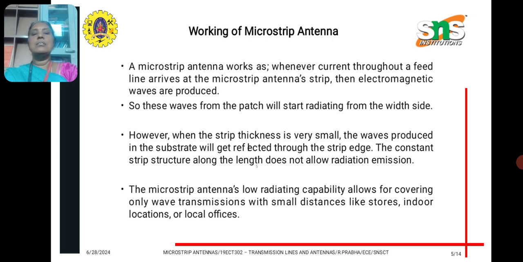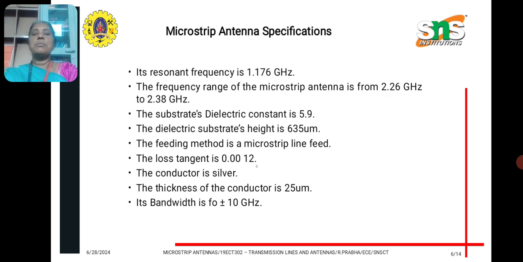The constant strip structure along the length does not allow radiation emission. The microstrip antenna's low radiating capability allows for covering only wave transmissions over small distances like stores, indoor locations or local offices.